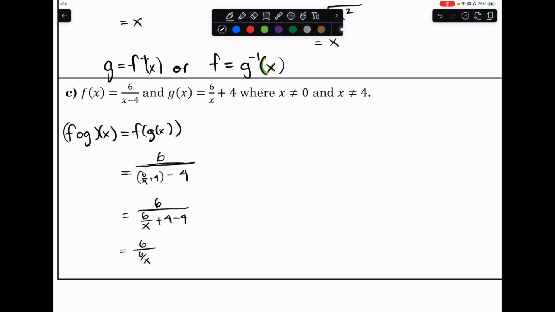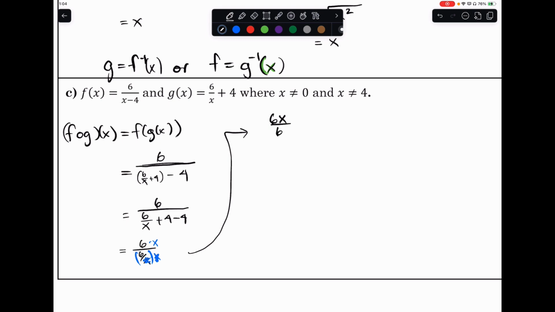And in order to simplify this, the trick to get rid of the x in the denominator is to multiply the numerator and the denominator by that x. So the x's reduce each other out, so that becomes 1, and we end up with 6x divided by 6.